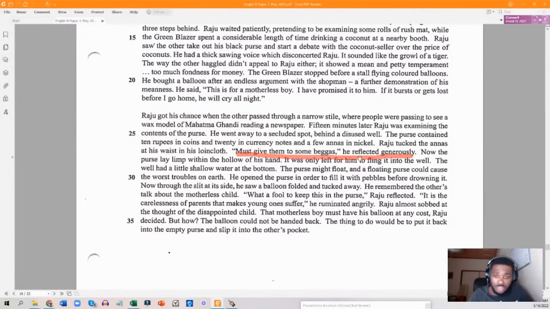This is his thought, his thinking. Must give them to some beggars. He reflected. He's not saying it, he's just thinking. So his thought is showing us that, oh, he's a generous guy. He reflected generously. There is something else. The motherless boy must have his balloon at any cost.